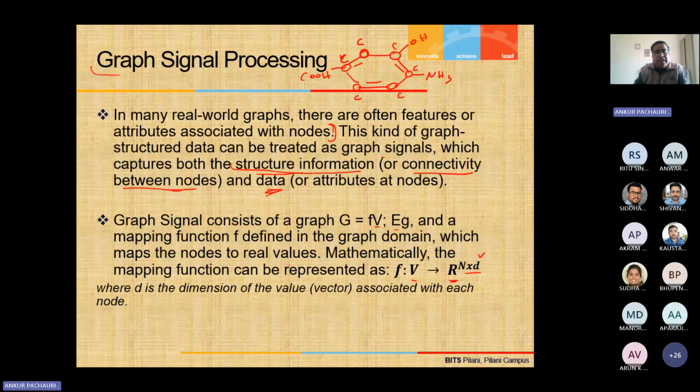Carbon may have different attributes: its atomic number, valency, atomic weight, molecular weight, the ion, positive charge, negative charge, whatever it be. Nitrogen and oxygen may have different atomic numbers and their own sets of properties.